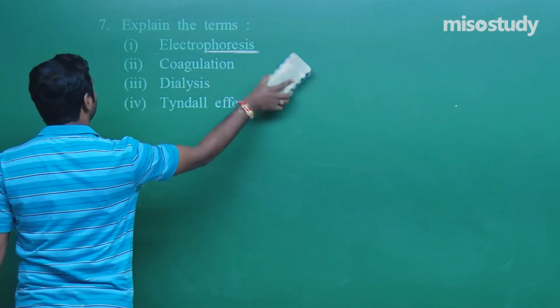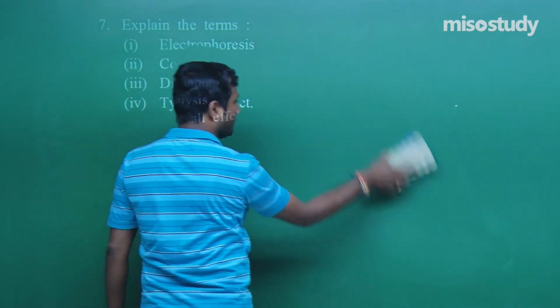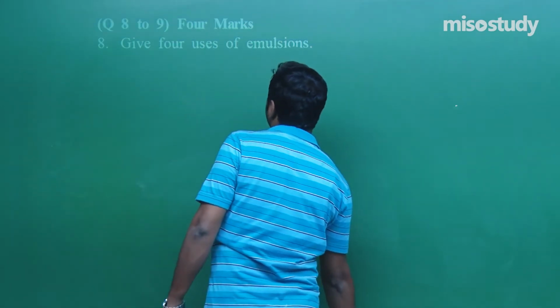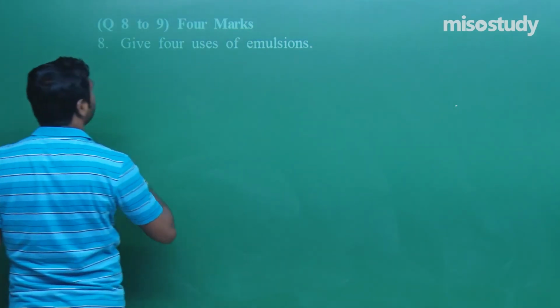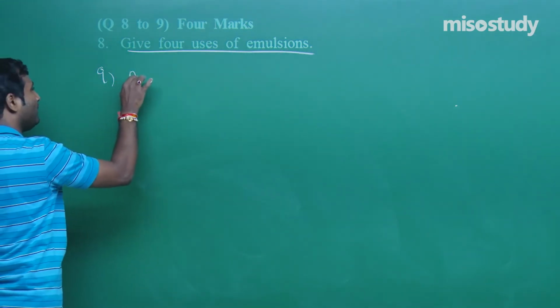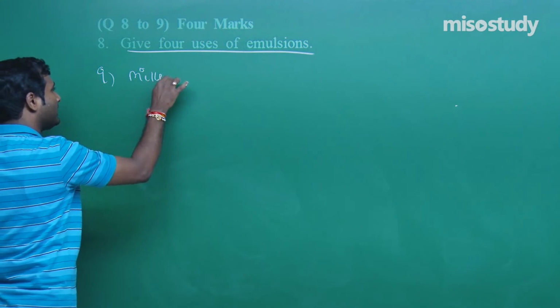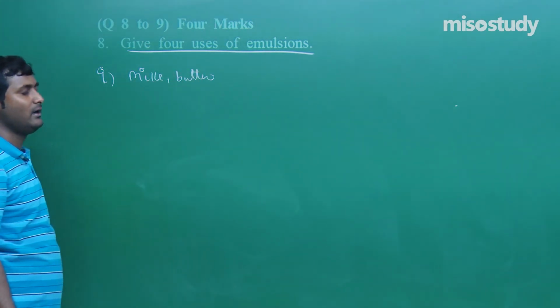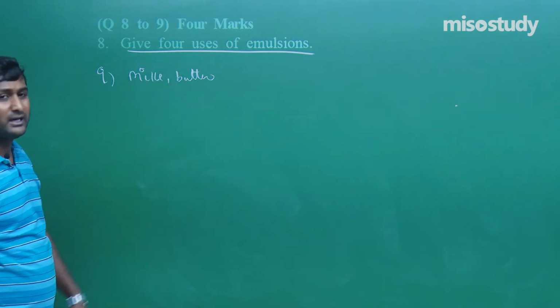Now let us move to the next part of the question. Question number 8. Now give 4 uses of emulsion. It's very simple. Milk, which we use, is an example of emulsion. Butter, which we use, is an emulsion too.